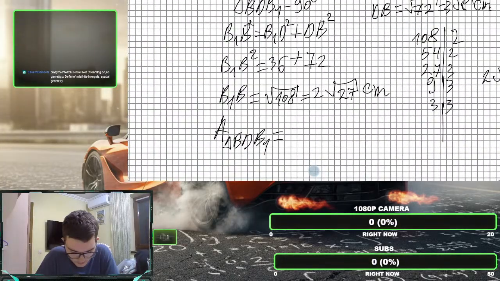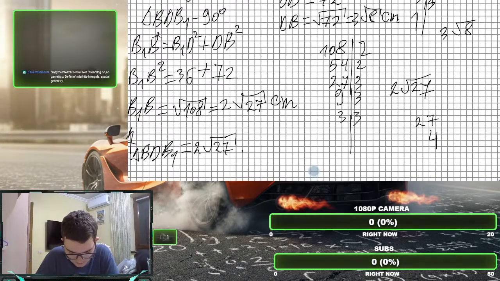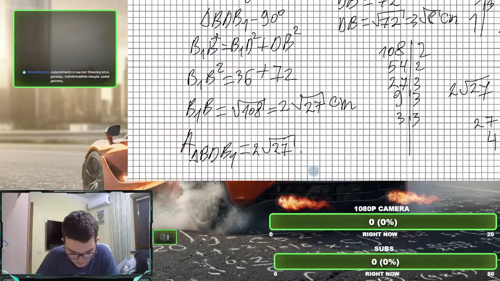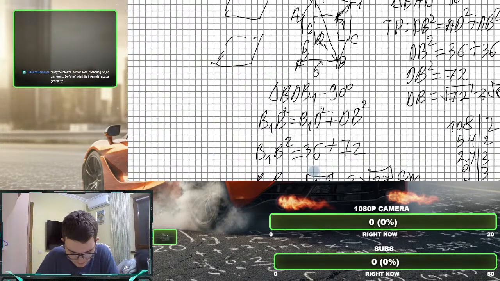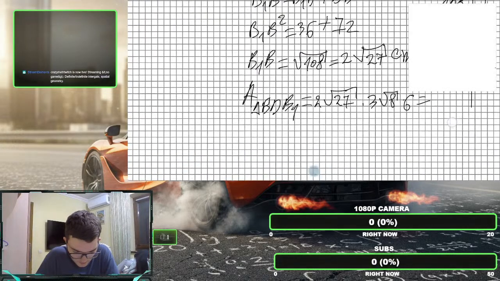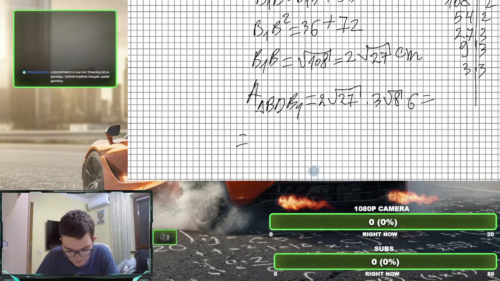2 square root of 27 times DB, which is 3 square root of 8, and times 6. And how much is that going to be? Well, when multiplying like this, I think I can multiply everything, I'm not that sure.